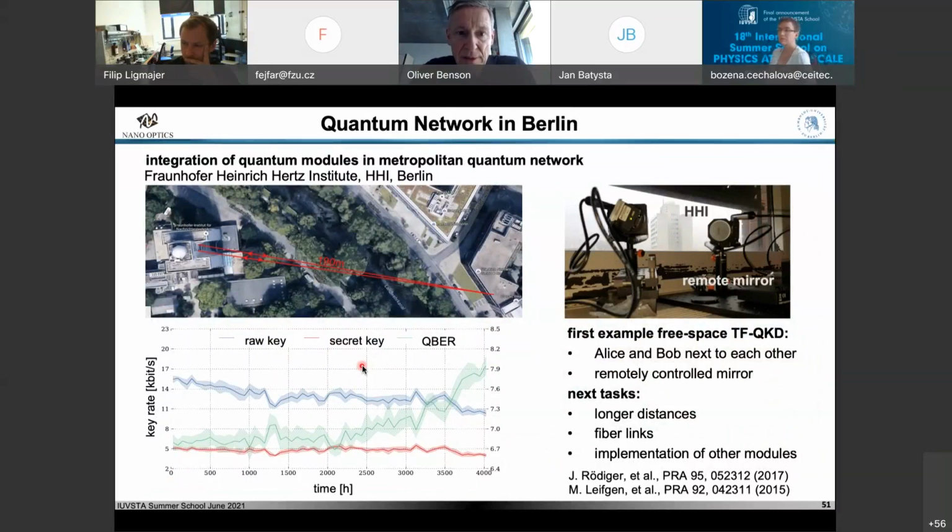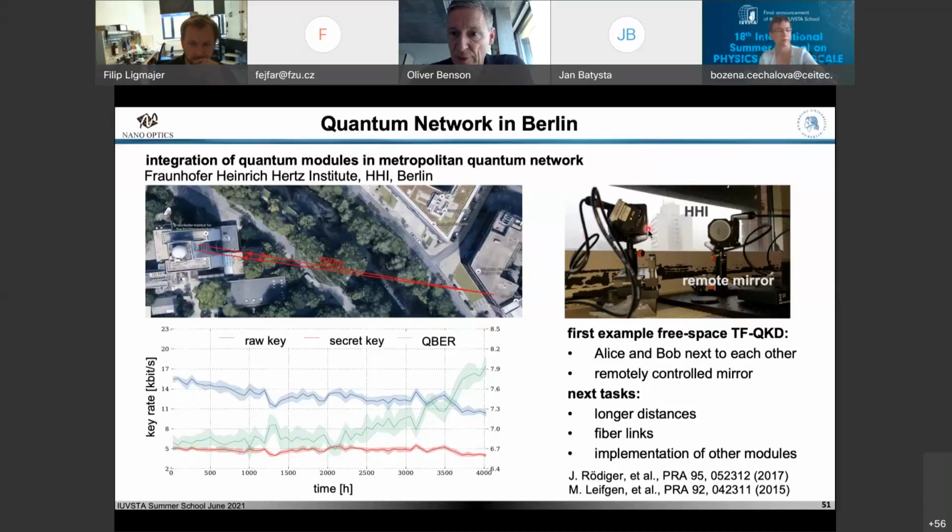nodes. In this case, it's an institute in the city center in Berlin. So in one of these buildings, you have, say, for example, these quantum emitters, and another building you have them as well. And you have a link where you try to connect these nodes. And here the links that we have are both over fibers and also over free space.